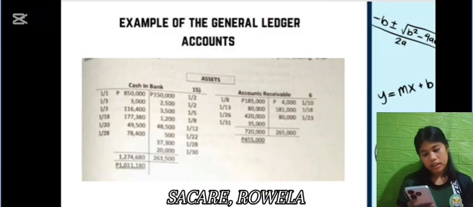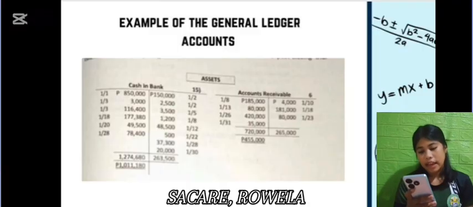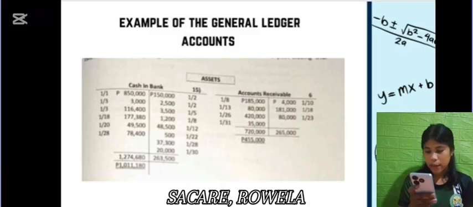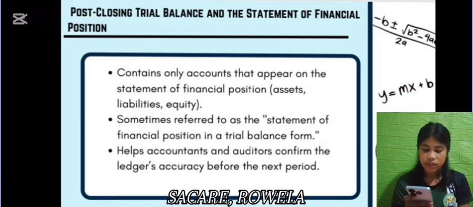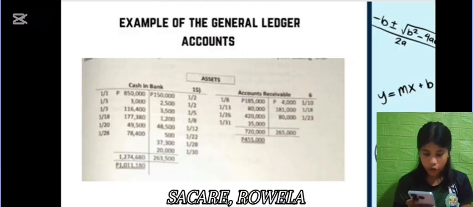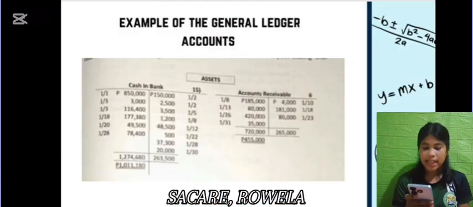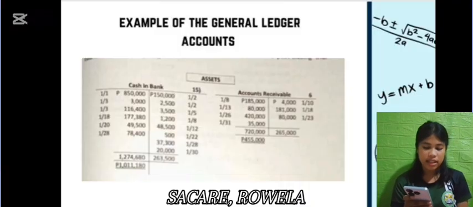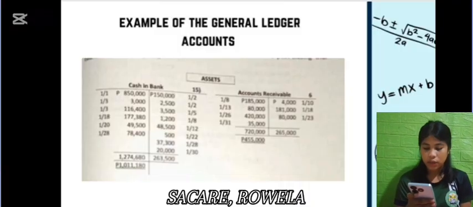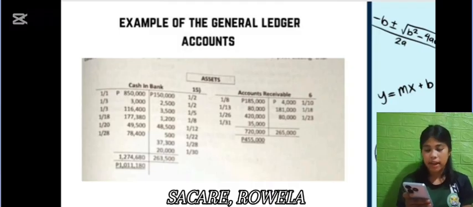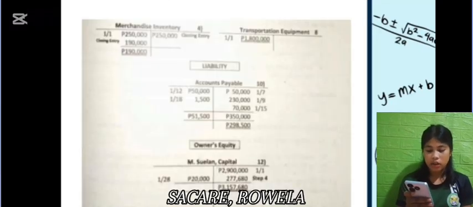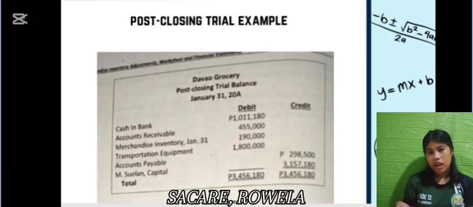So, in slide 4, in this image you can see the general ledger accounts for various real or permanent accounts. These accounts represent asset, liabilities, and owner's equity, and they are used to calculate the post-closing trial balance as of January 31.